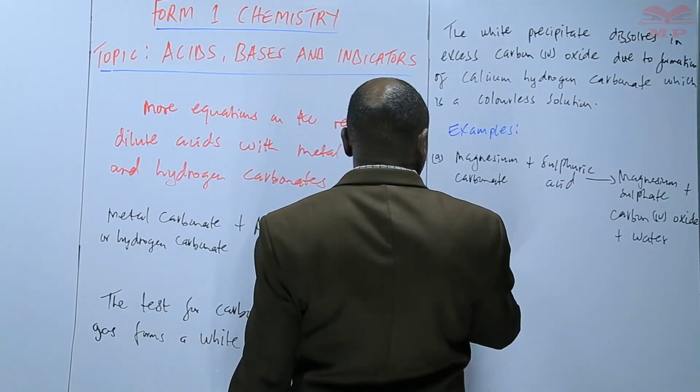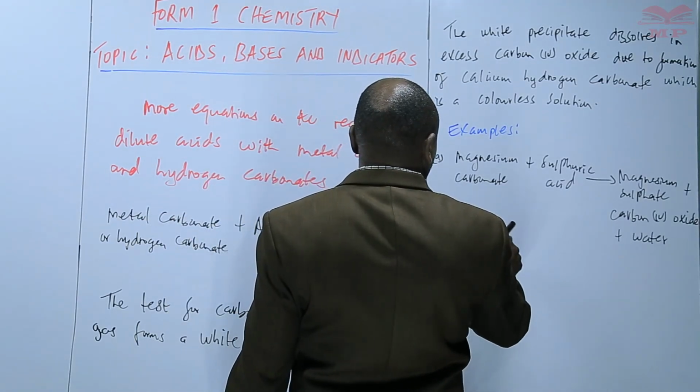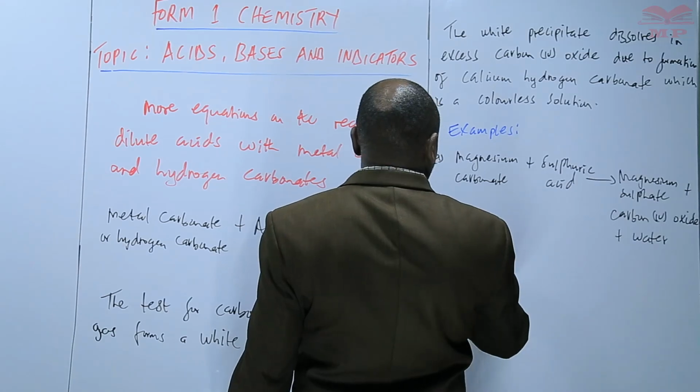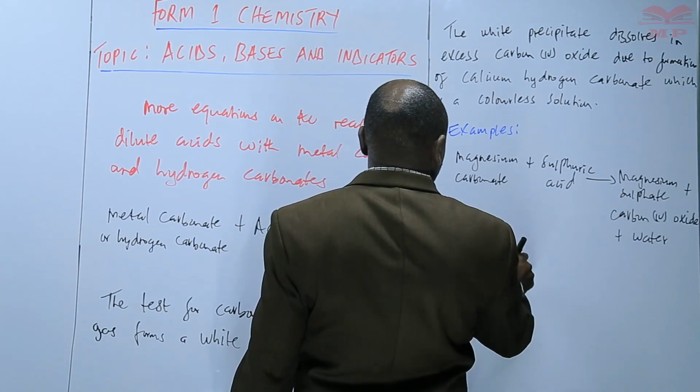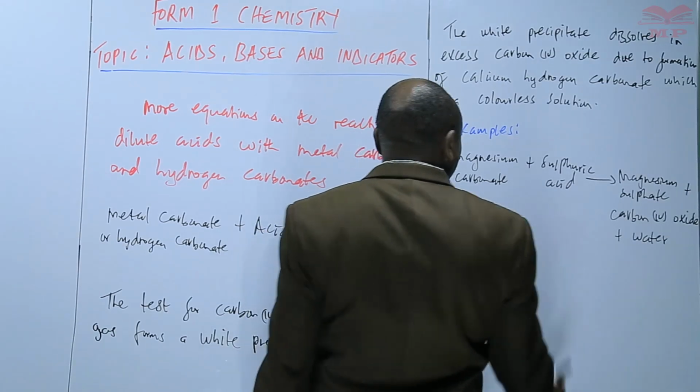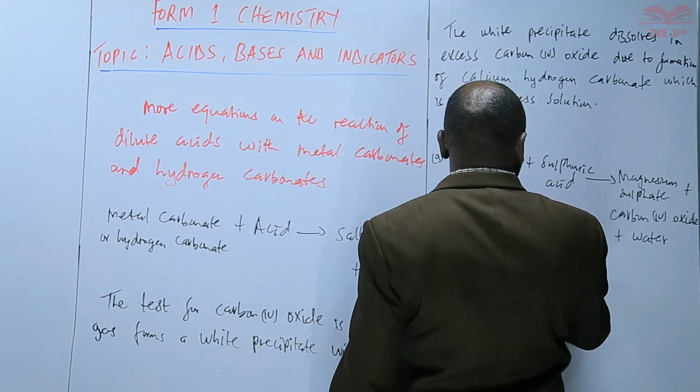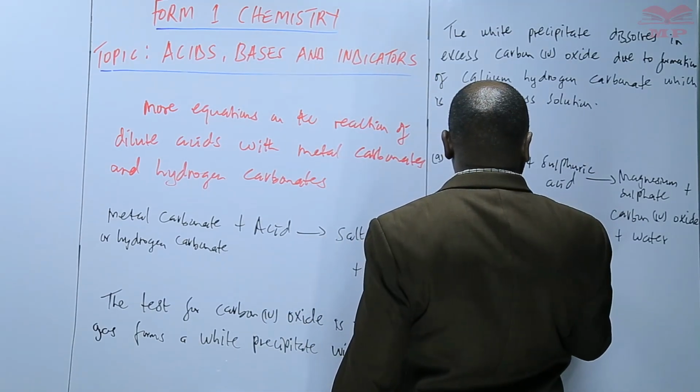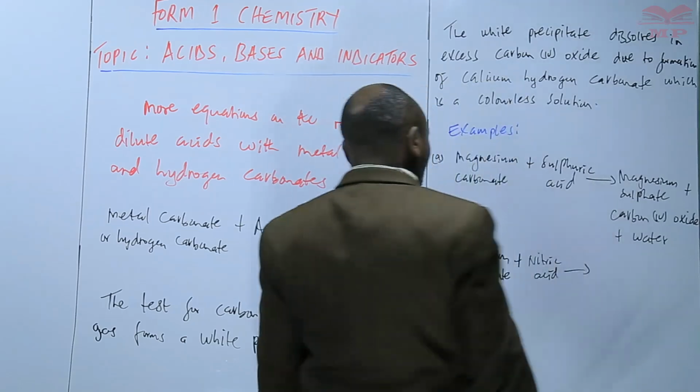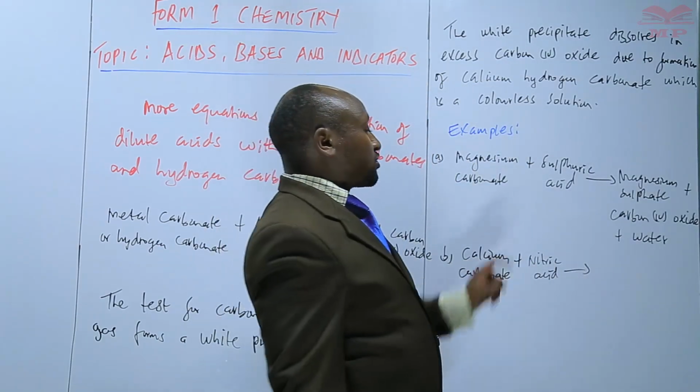Another example, if we have calcium carbonate plus dilute nitric acid, then the salt will be calcium nitrate.